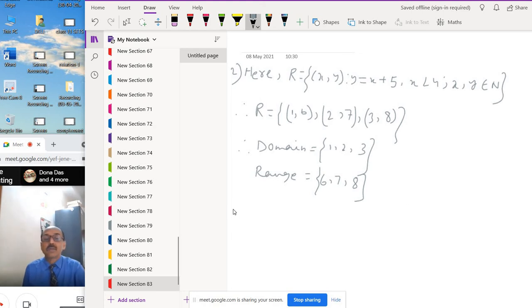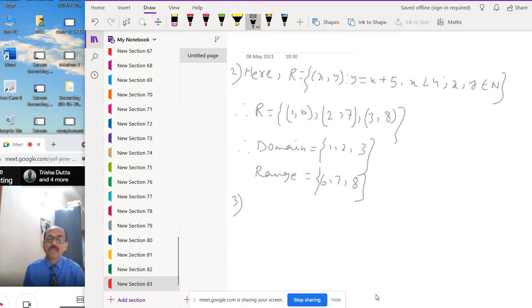Okay, next read question number 3. A is a set, A is {1, 2, 3, 5}, and B is another set {4, 6, 9}. Define a relation R from A to B where R equal to {(x, y)} and the difference between x and y is odd.